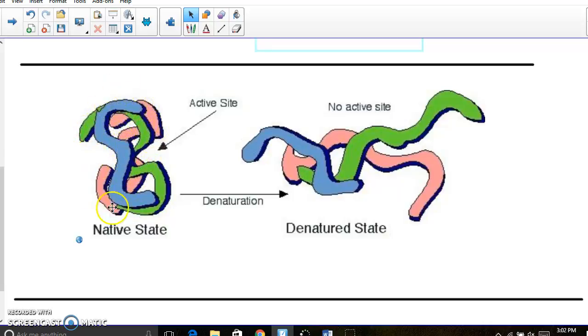Now together they all make a protein. And here would be the active site on this protein. However, if we introduce this protein to heat or acid or base, it denatures. And look at the shape now. Now there's no active site. Now it's changed shape and it no longer works.